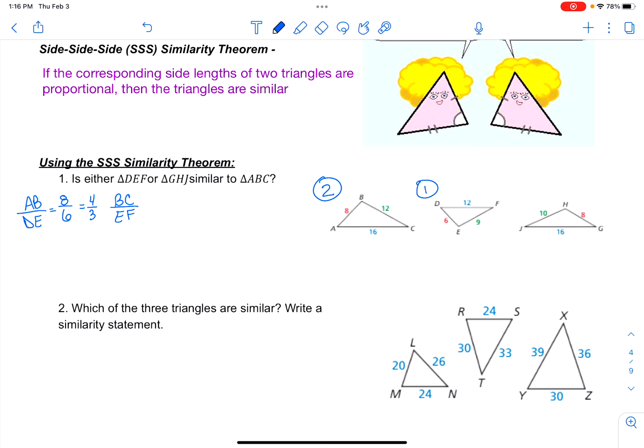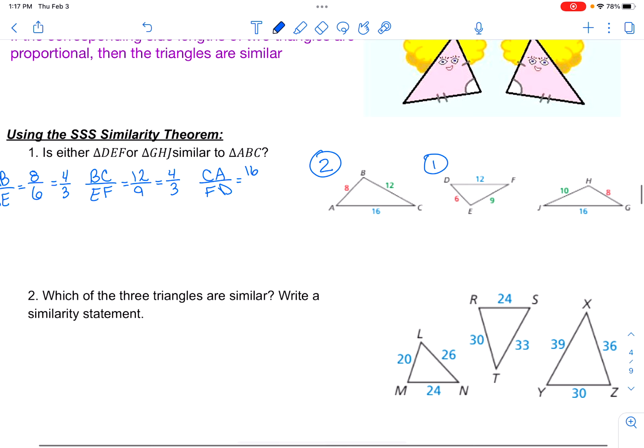So from A to B, then we go to BC and EF. BC is 12 and EF is 9. Again, simplify. 3 goes into 12 4 times and 9 3 times. And the last side we have is CA and FD.